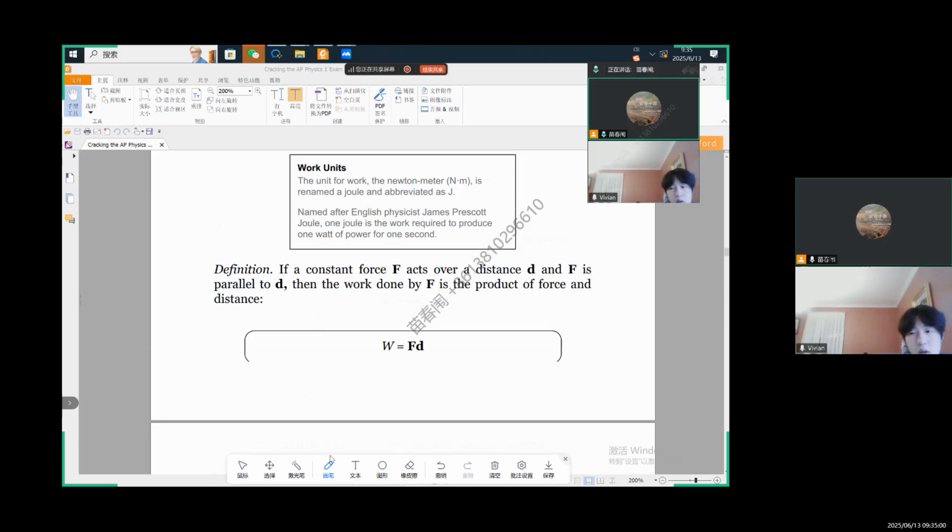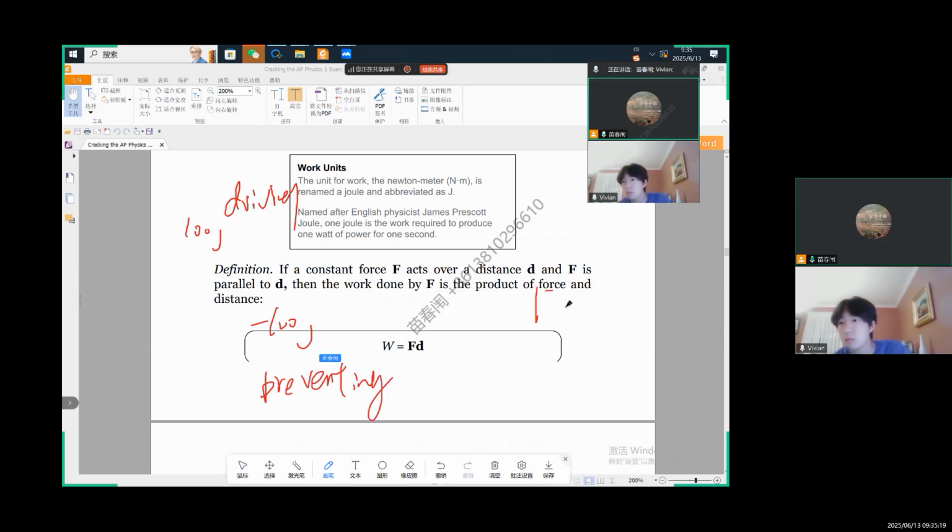Sometimes we do have 100J work and negative 100J work. It does not mean direction. It's just that one is kind of driving, and one is kind of preventing. For example, if I push this thing around, the force that I gave is called the driving force, right? It makes it move. The friction is like a preventing force.